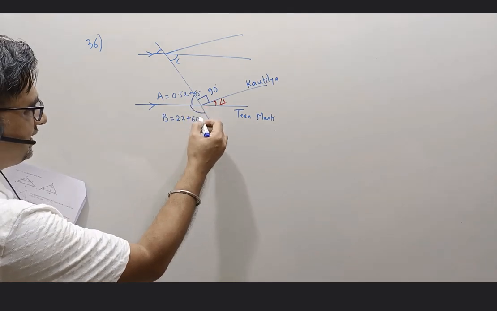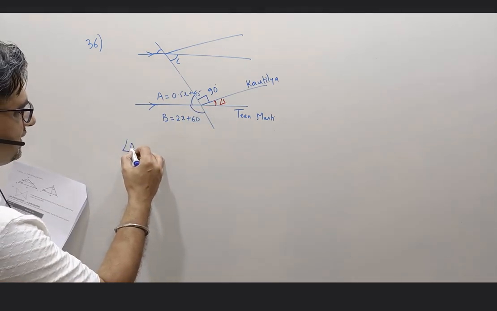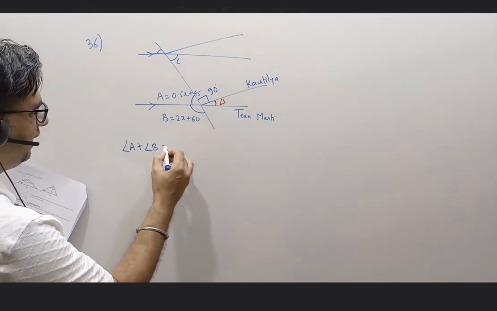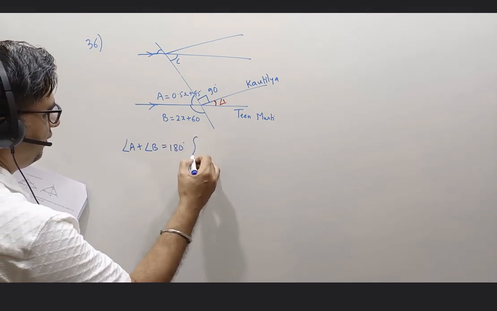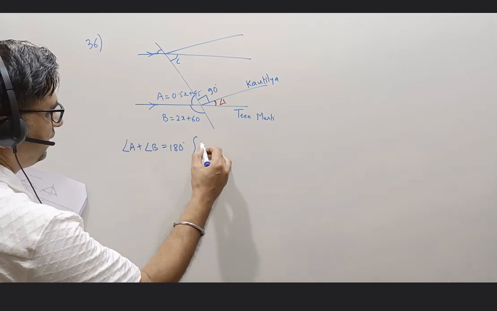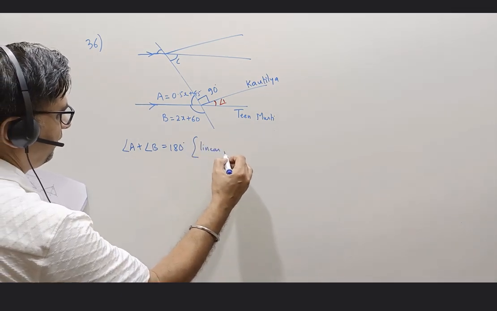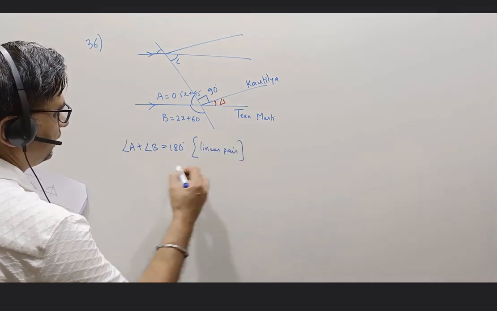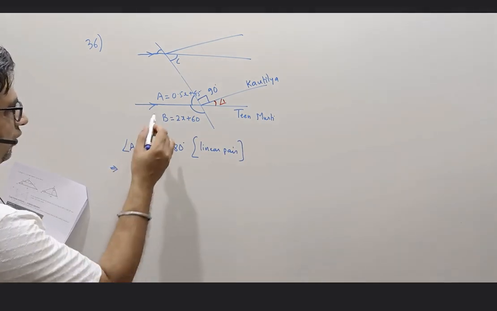In this case, we can see that these two, angle A plus angle B, form a linear pair, and therefore they are supplementary. So the reason is linear pair. This will help us find the value of x.